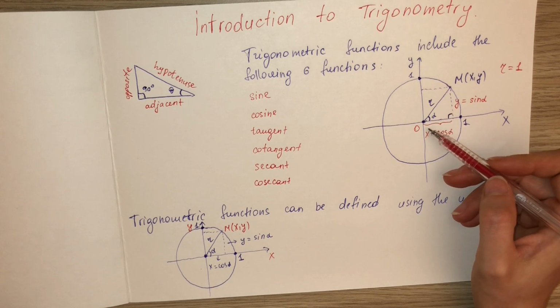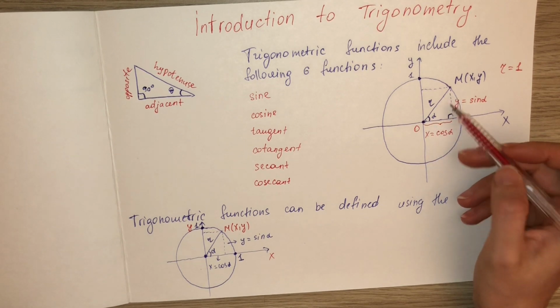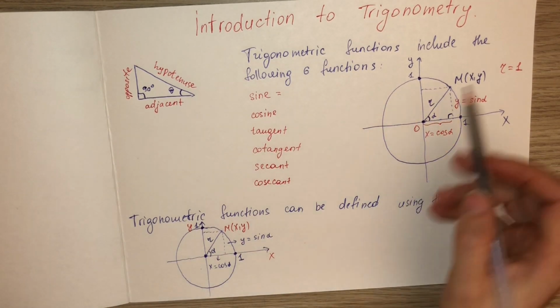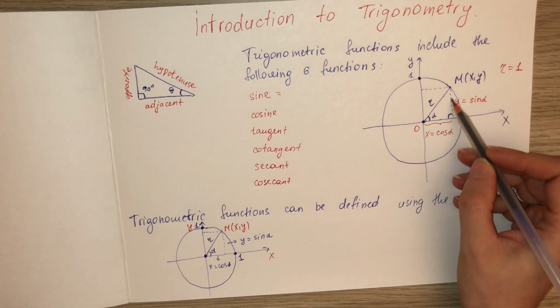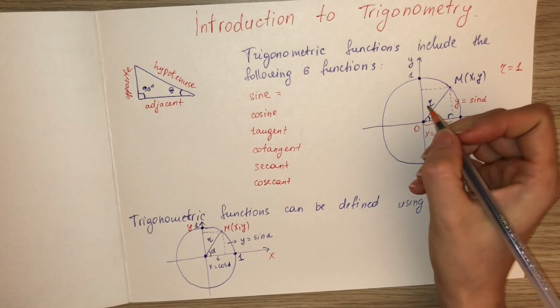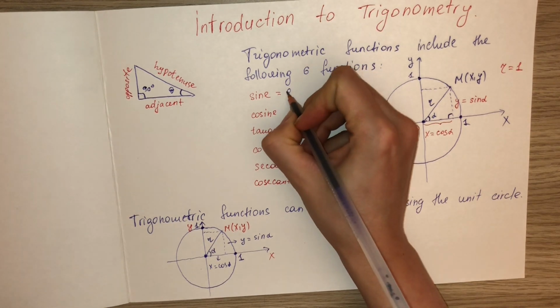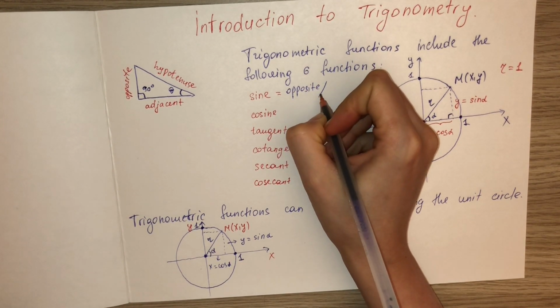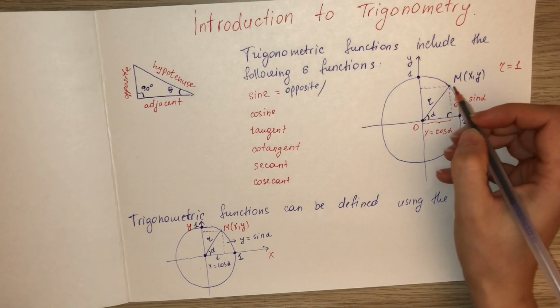Yes, it means that sine is equal to the opposite of alpha divided by the hypotenuse r.